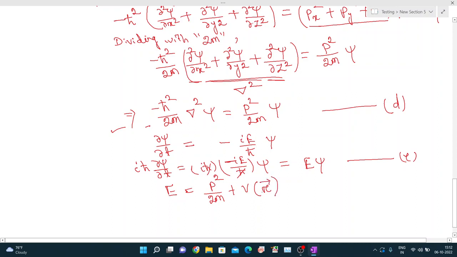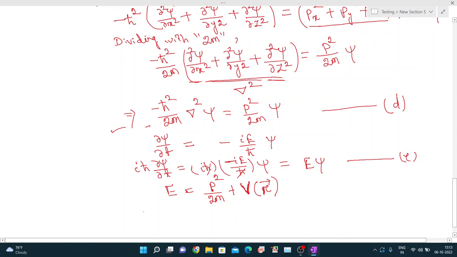In one dimension this v is only a function of x, but for 3D the potential is a function of all three values x, y and z, which can be written as r only. And here p square is px square plus py square plus pz square, and simply it is written as p square by 2m.